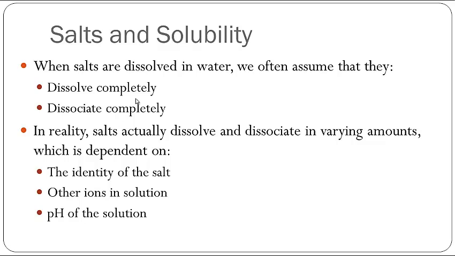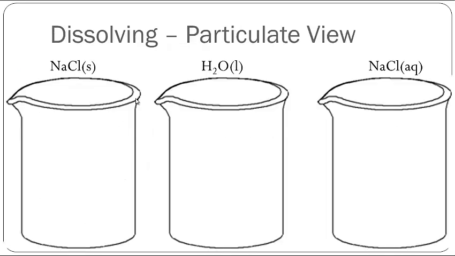So the first thing we're going to do is take a look at the actual steps involved in dissolving. So if we have solid NaCl, how should I represent solid NaCl? Yeah, Ben. Alternating Na and Cl.